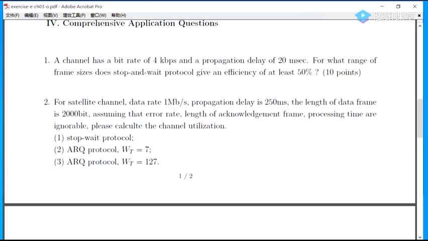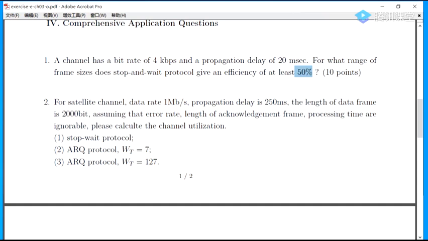For what range of frame sizes does the stop and wait protocol give an efficiency of at least 50%?